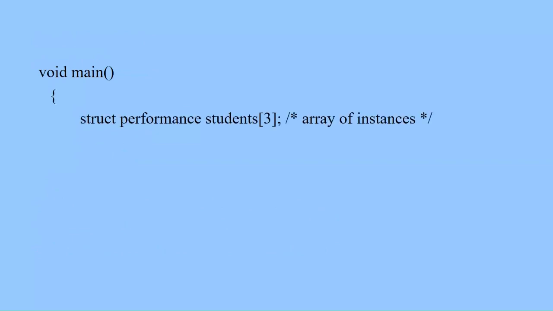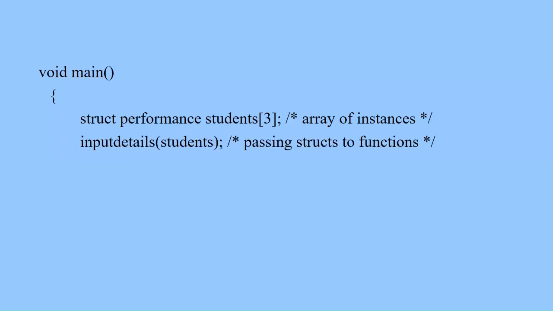Then we move to the main function, which is void main. And we have our declaration for the struct. Here we are declaring students of type performance, and this is an array of structs, so we call it an array of instances.